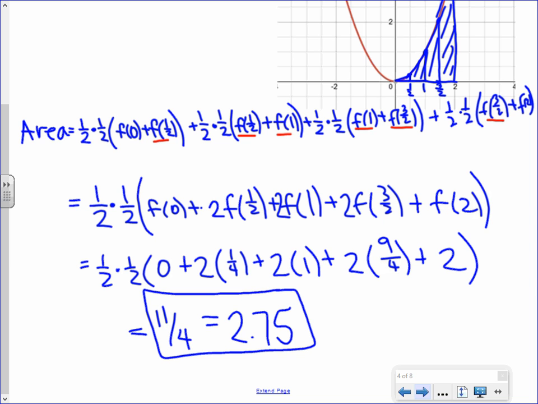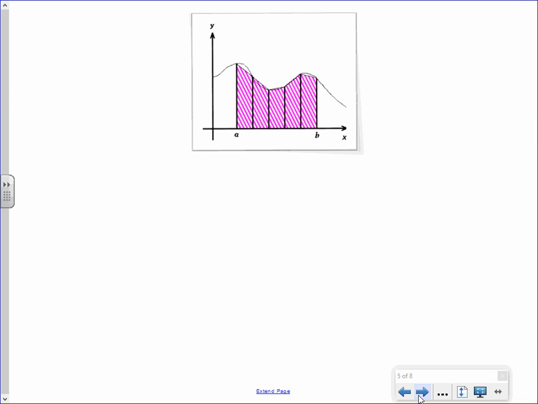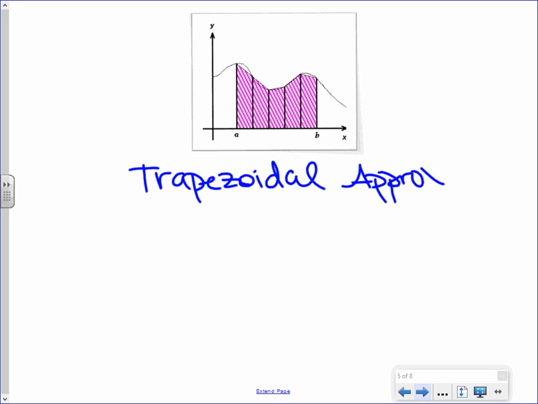Okay. All right, so let's go ahead and write down a specific rule, okay? Whether you want to write this down on your blue sheet or your notes is up to you, okay? But if we have the trapezoidal rule, we're using trapezoids for our approximations here.